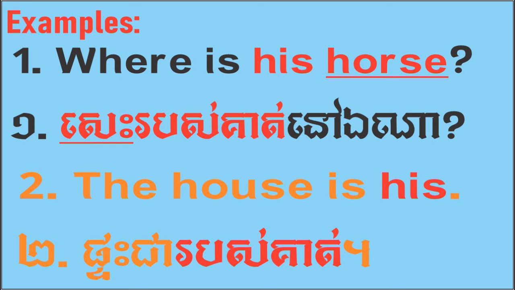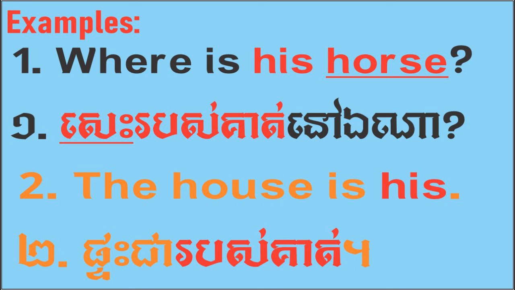His is an adjective modifying the house. His house. Whose house? His house. So it's equivalent to the adjective his on the top. Like his horse, his is a possessive pronoun, and it has an adjective function modifying horse. Whose horse is it? His horse.